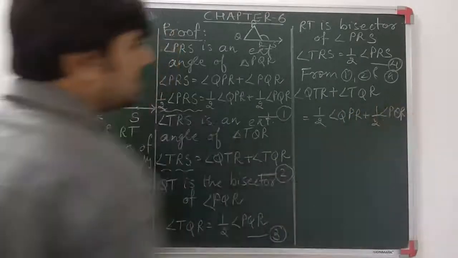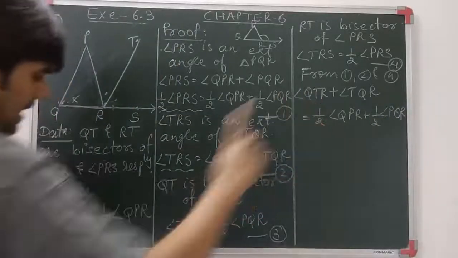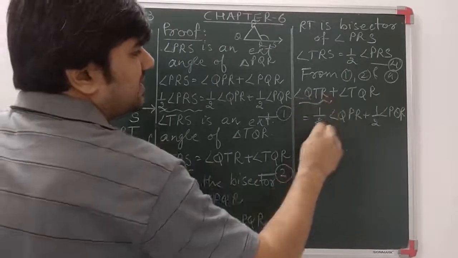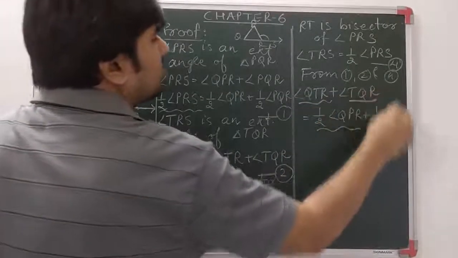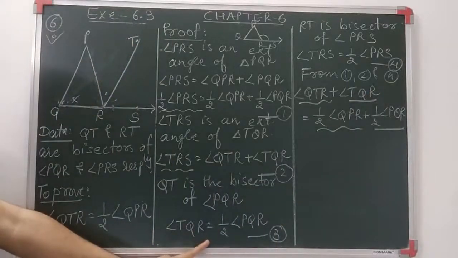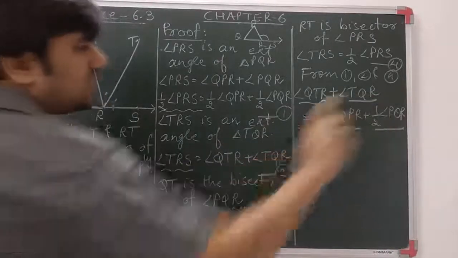Now students, let's come to what we required. We required QTR and we required QPR. That means we need only these two. So obviously the other two we have to remove. How can we remove them? Let's use the third equation. In the third equation it says that this angle is equal to this angle.